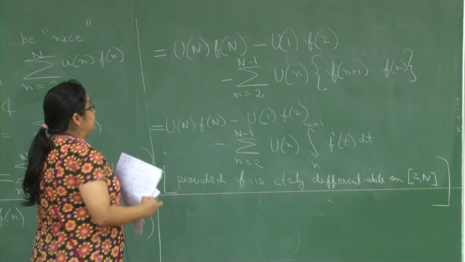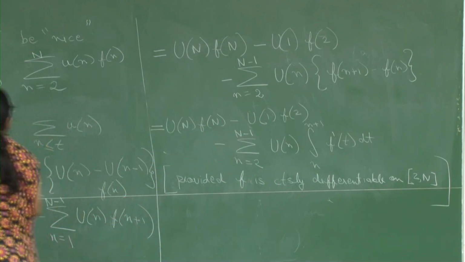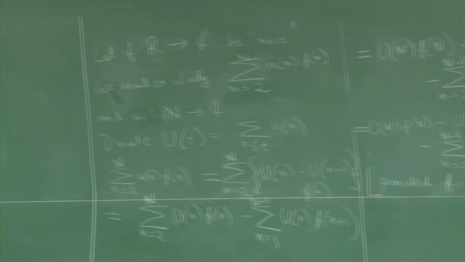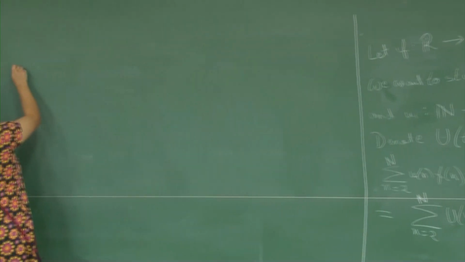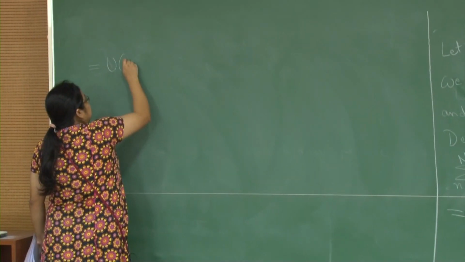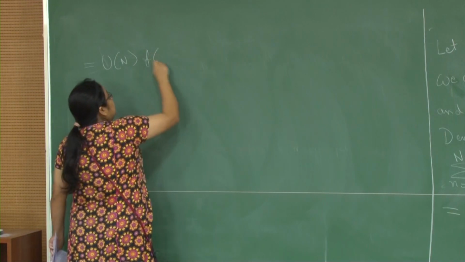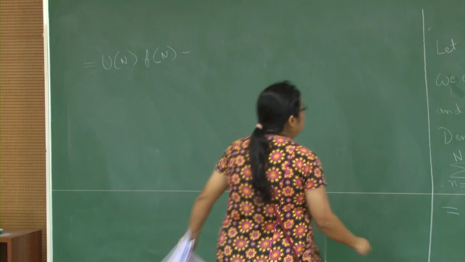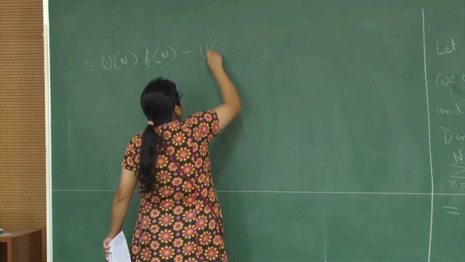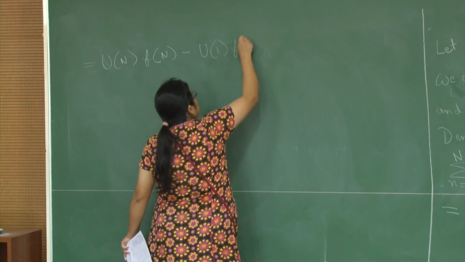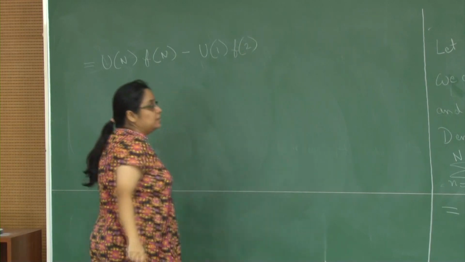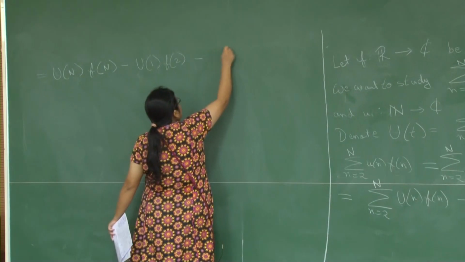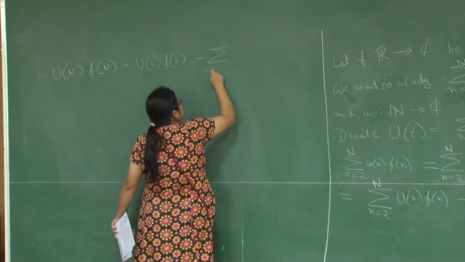With that in place, there is another simplification you can make, which is as follows. This sum will turn into u of N times f of N minus u of 1 times f of 2, and then this remaining sum, you can do another little trick.